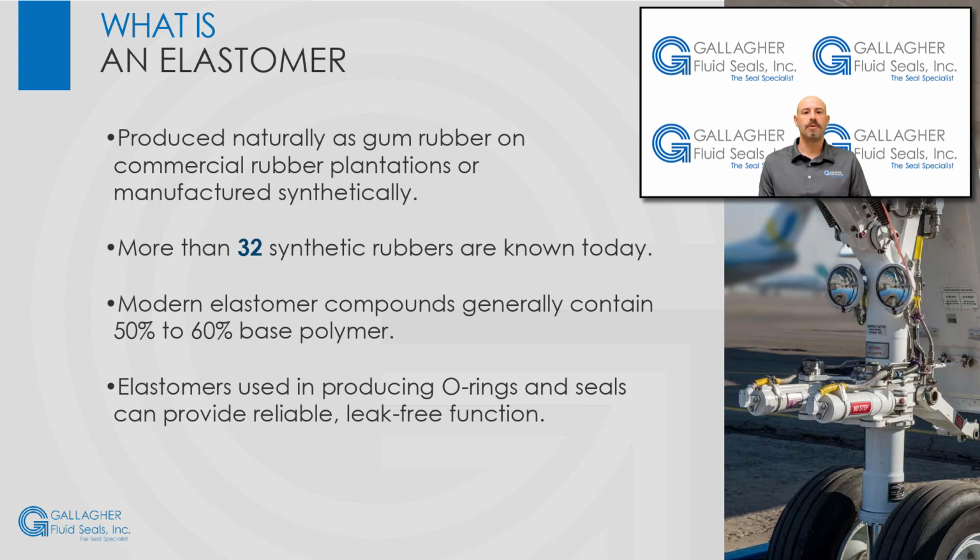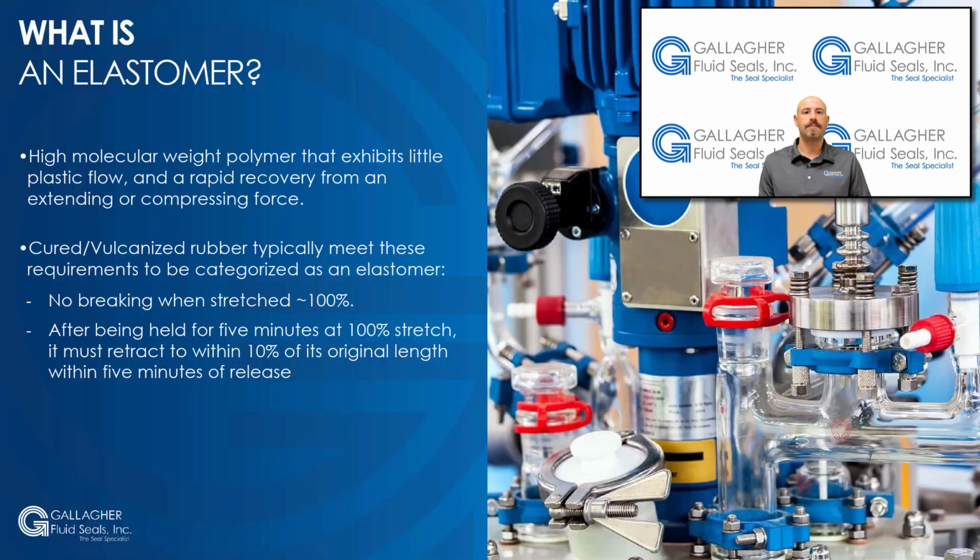Elastomers used in producing O-rings and seals will provide reliable, leak-free function if fundamental design requirements are observed and are matched to the application. Though elastomer is synonymous with rubber, it is formally defined as a high molecular weight polymer that exhibits little plastic flow and a rapid recovery from an extending or compressing force.